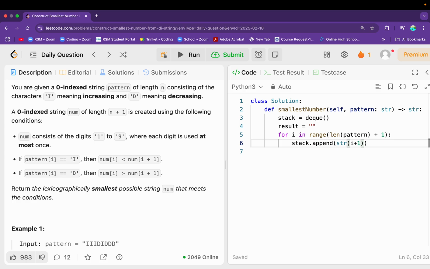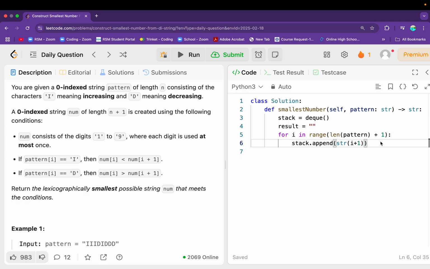For every single index i, we're pushing the next smallest number, i plus 1, onto the stack, and that always makes sure that we process the numbers sequentially. The reason we're pushing i plus 1, not i plus 3 or i plus 100, is that we want the smallest possible next number, and that would be the current index i plus 1, ensuring that we have the smallest number after the current element i.